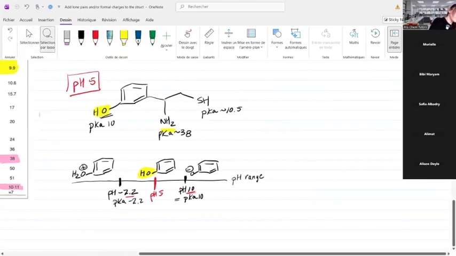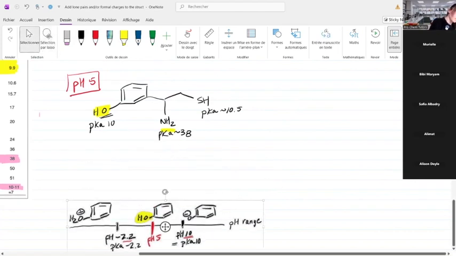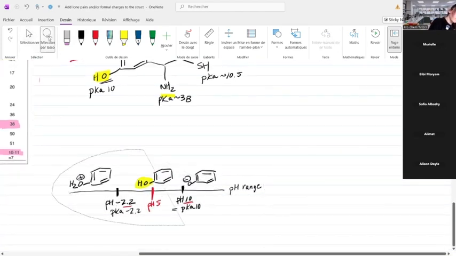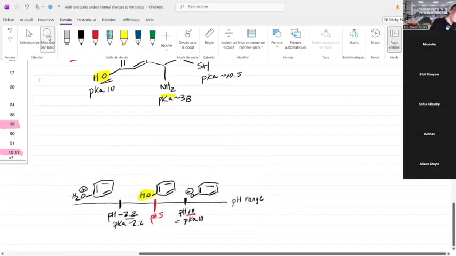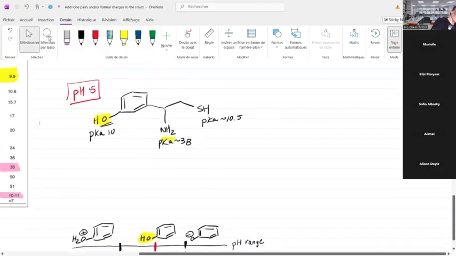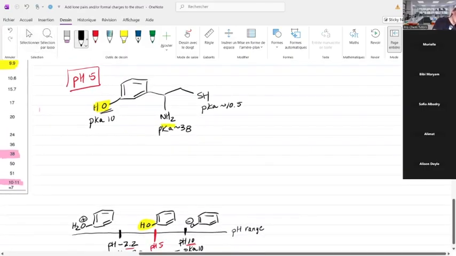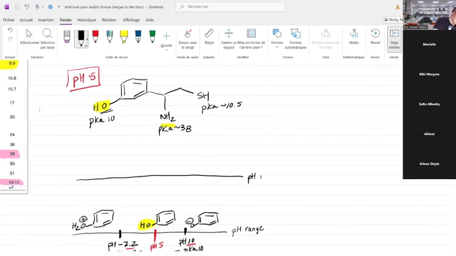Now we're going to do the same thing with the other three functional groups. So let's do now the NH2. Again, I'm going to draw my pH range. I'm going to simplify the structure.